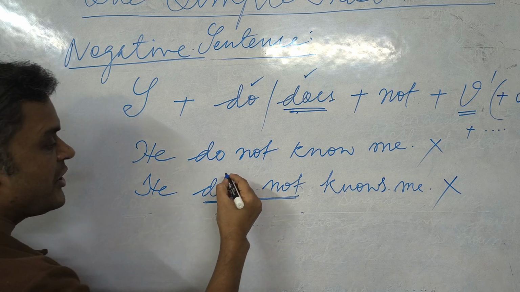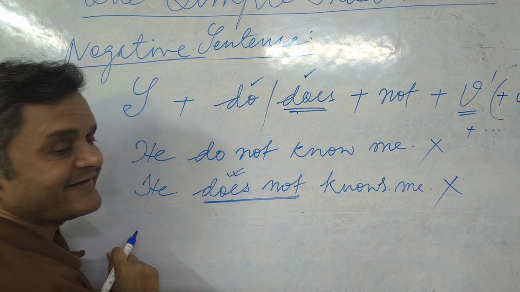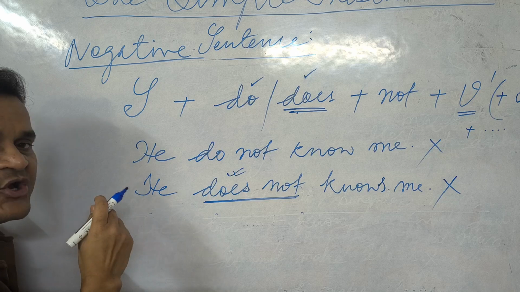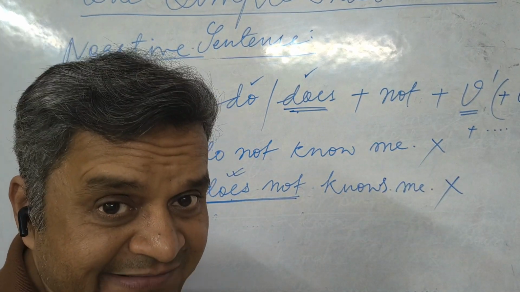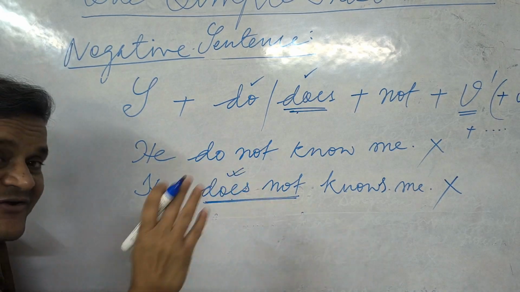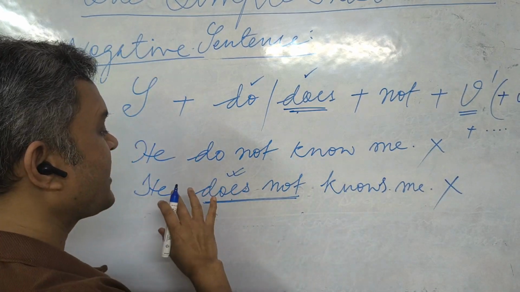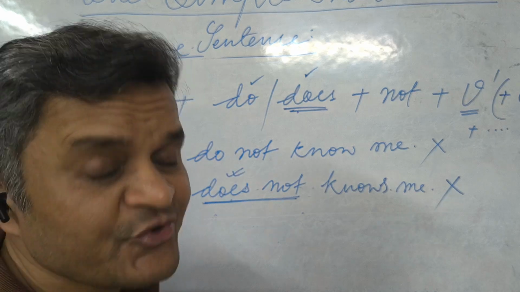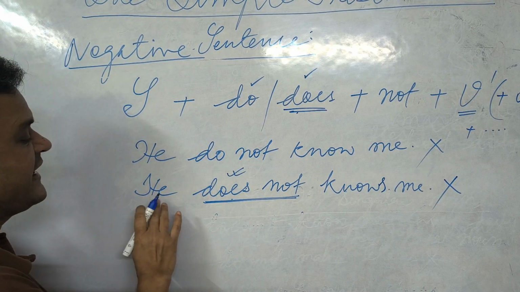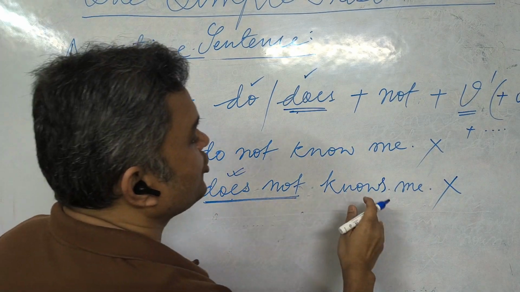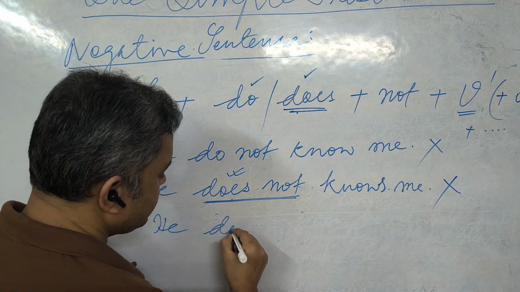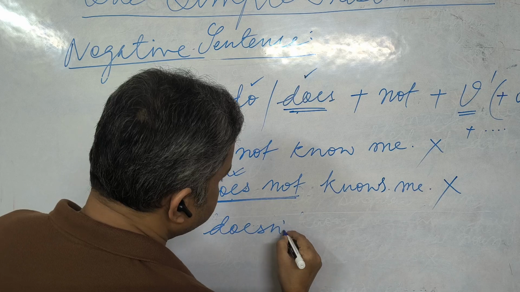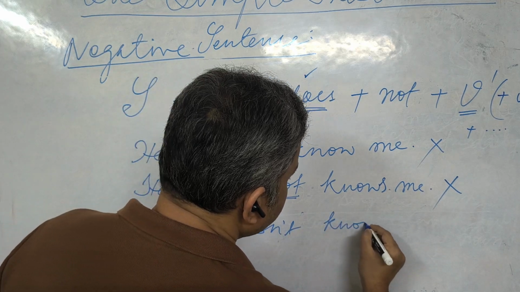Because once you have already used does, that has made all the downstream thing or the rest of the sentence similar, so to speak. So you will not say he does not knows me. You will say he does not or doesn't know me.